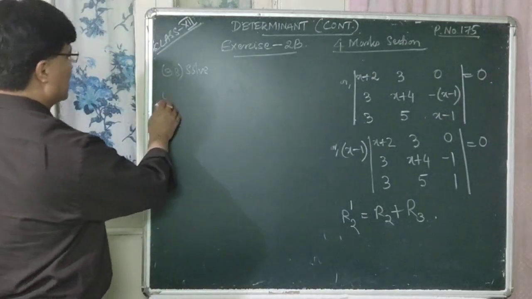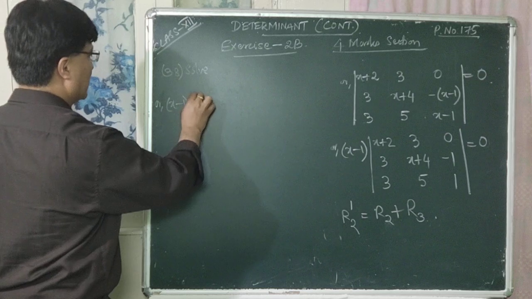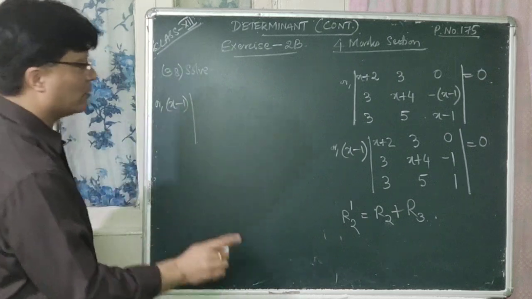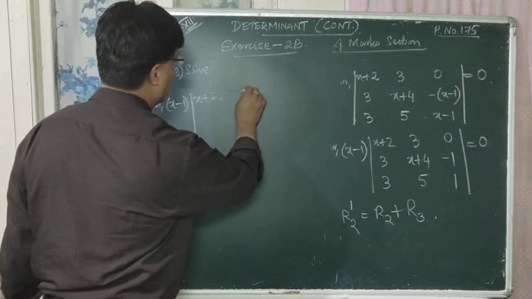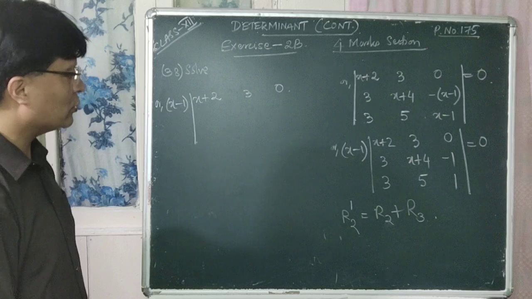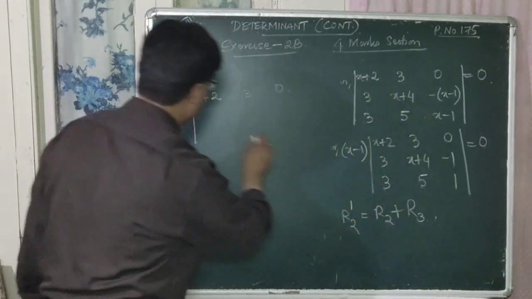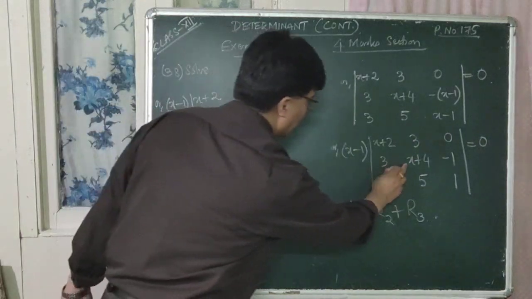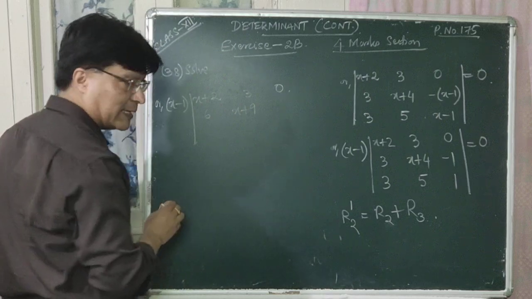So let us simplify it. x minus 1. Now first row remains same: x plus 2, 3, 0. Now we can change the second row, new second row. What is it now? R2 plus R3. 3 plus 3 is 6. x plus 4 plus 5 is x plus 9.